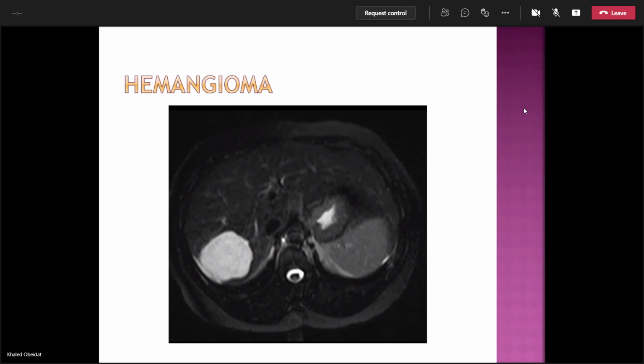Take precautions. Yes, there is some risk of bleeding, but it is less than the risk of, for example, missing a cancer. So sometimes the images will not be typical, and we may do biopsy, but most of the time we are able to reach the diagnosis without biopsy for hemangioma.